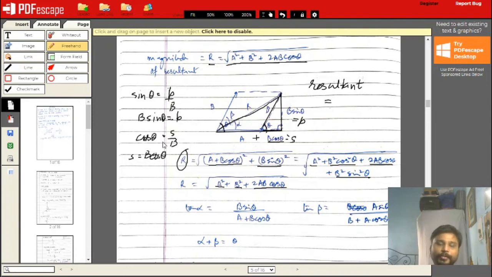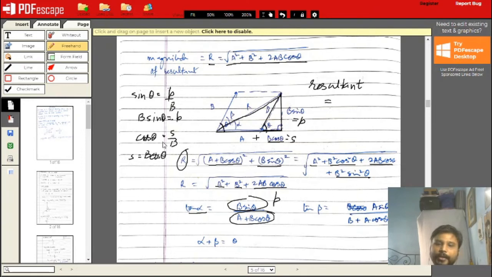So alpha is determined indirectly. We say what is tan alpha. Tan alpha is the perpendicular upon the base. So again repeating, tan alpha is this perpendicular upon this base. This whole perpendicular is B sin theta, and this base is A plus B cos theta. So perpendicular upon base is equal to tan alpha.